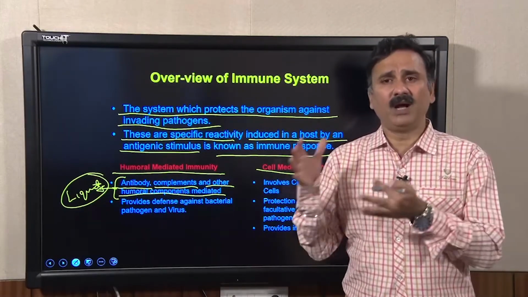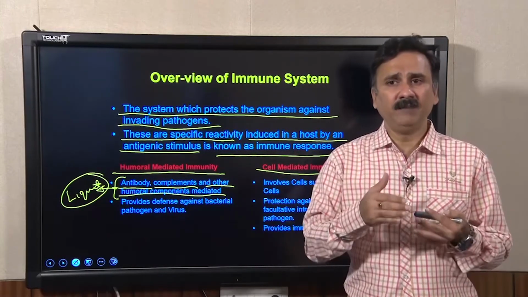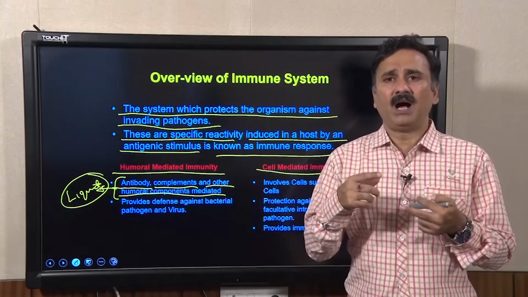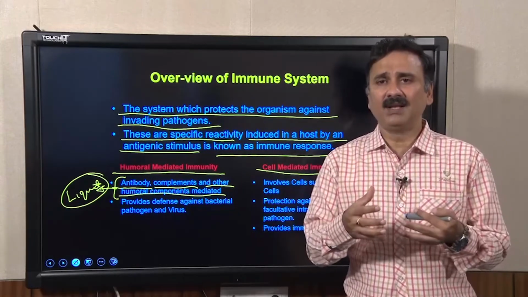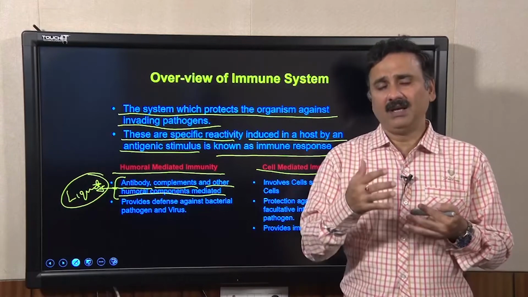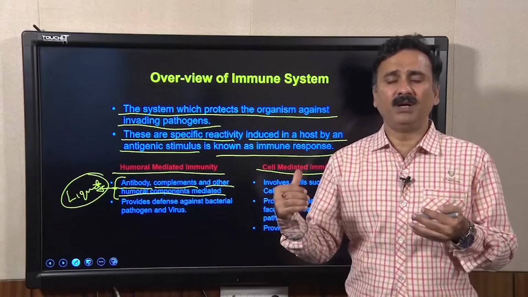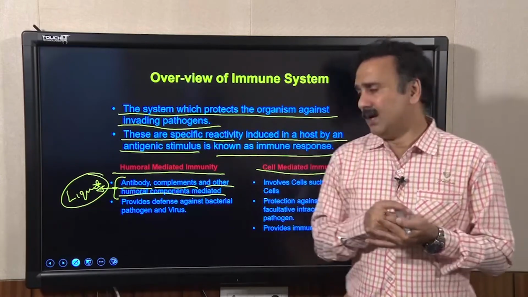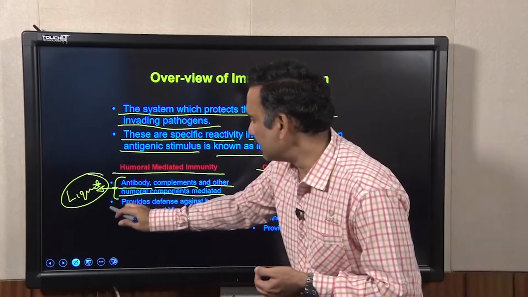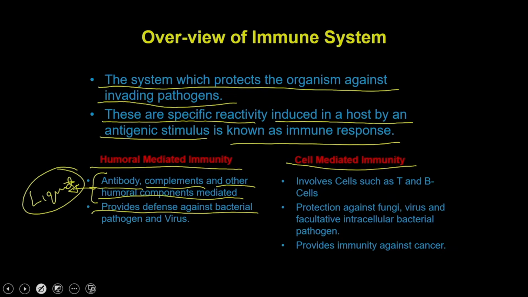As soon as a foreign organism enters the body, these humoral responses recognize the cells and either kill them or take help from the cell mediated immune response. That is why the humoral response provides defense against bacterial as well as viral pathogens.